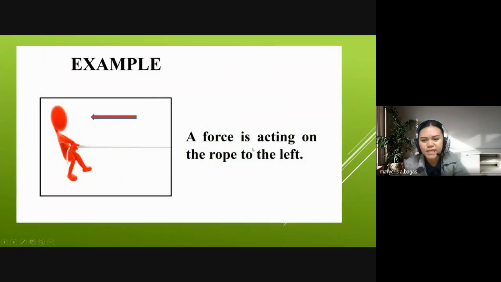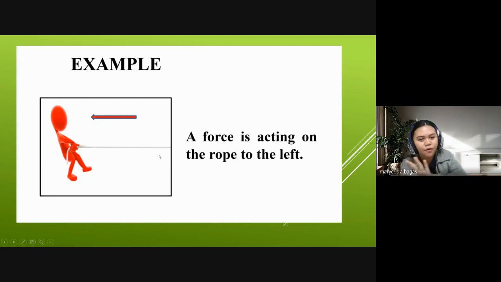A force is acting on the rope to the left. Okay, so look at the arrow. The direction of the force is going to the left because the person pulled the rope going to the left.